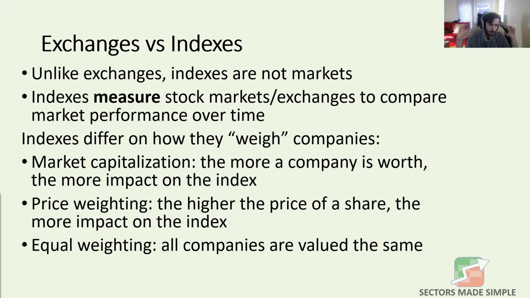They are wildly different companies, where Walmart has over 1,000 times more revenue than Bed Bath & Beyond. But because it is equal weighted, they both count the exact same amount. One company, one vote.